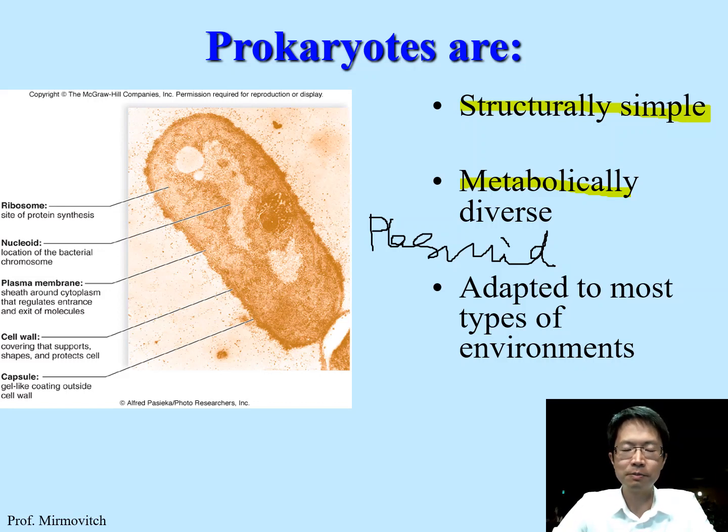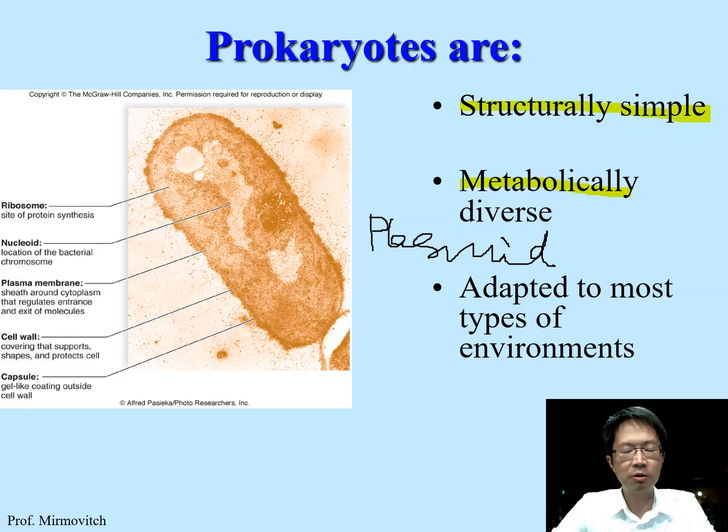It's like their weapon. They use plasmid to obtain genes from other bacteria. So let's say other bacteria are resistant to a certain antibiotic, and then this antibiotic resistant bacteria can give out this antibiotic resistant gene to other bacteria.